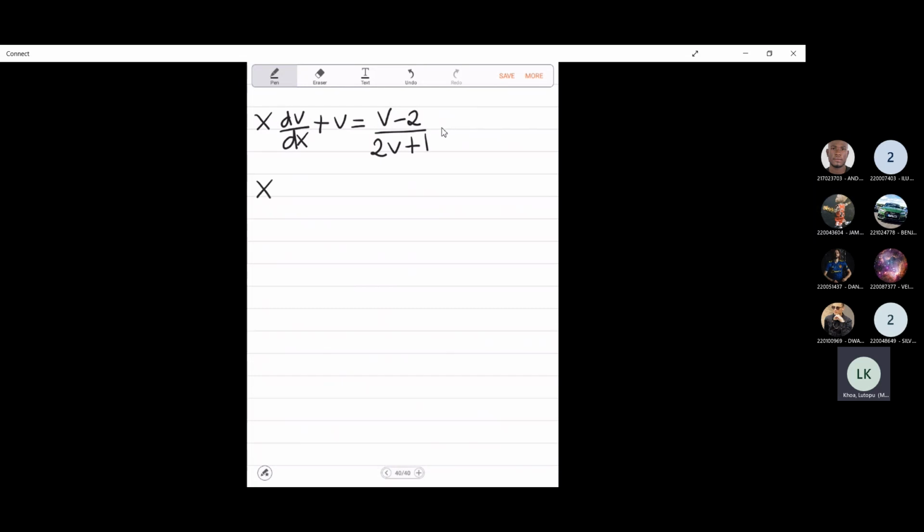So we have x dV/dx equal to V minus 2 over 2V plus 1, minus V. Just put it under 1 like that.